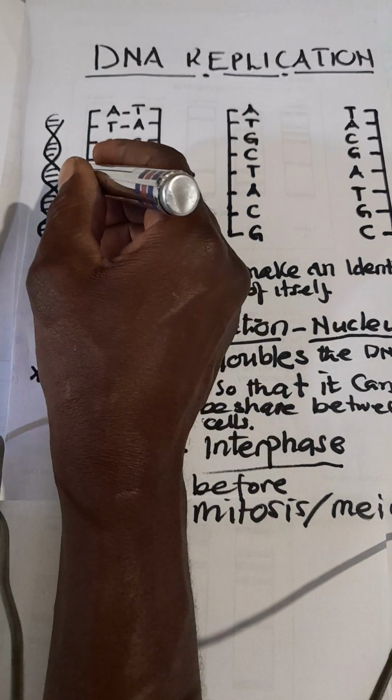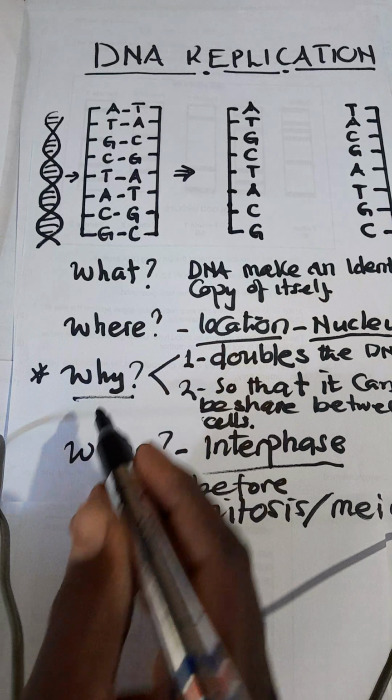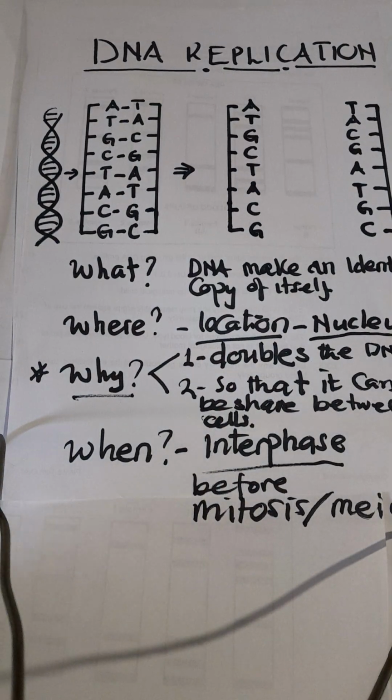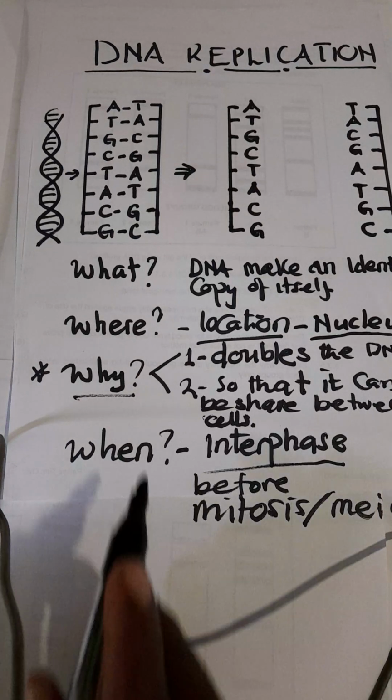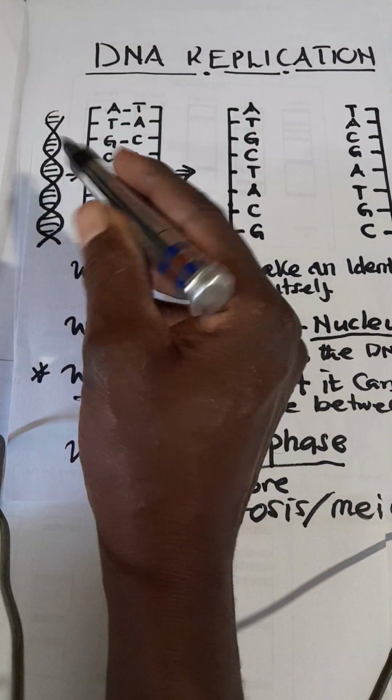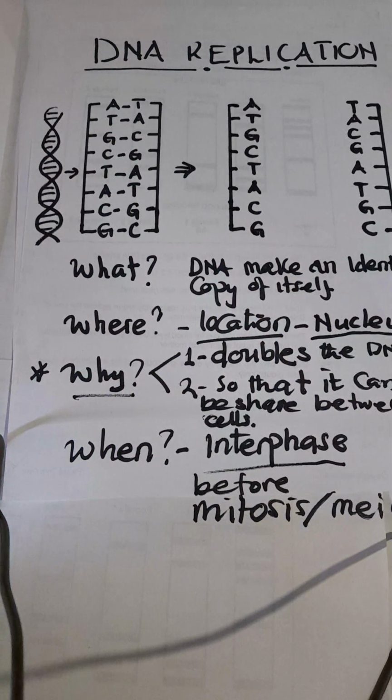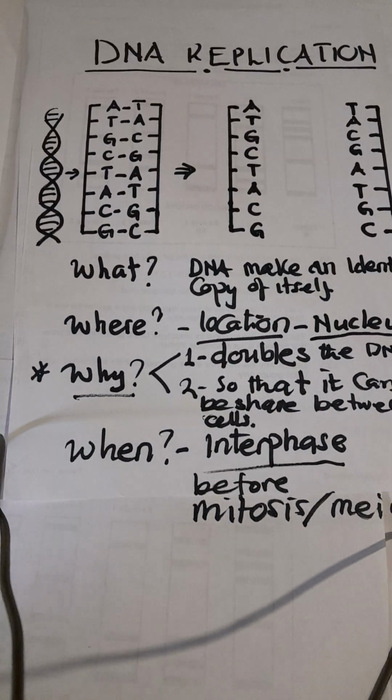So this DNA has to unwind before anything else happens. The DNA needs to untangle itself because it is twisted like a rope. So it needs to unwind. So the first point is that the DNA unwinds.